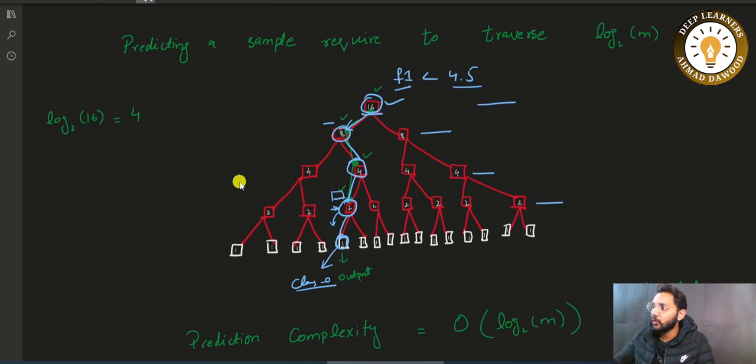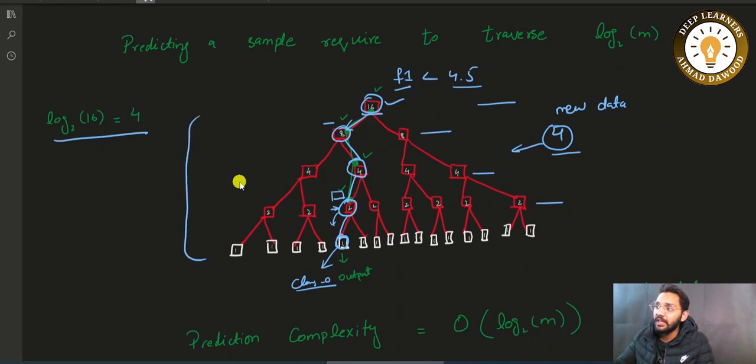If you calculate, you will get the result 4. It means you have checked your new data point against 4 decision rules, and then your decision tree decided to predict the class for that new data point. So you can see that 4 is representing the depth of that decision tree.